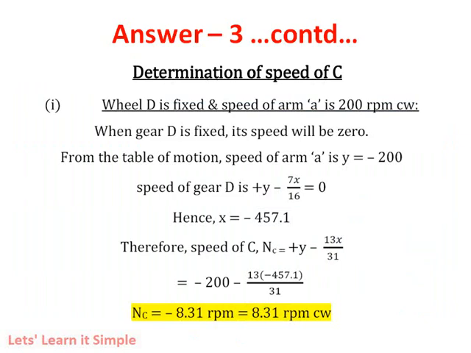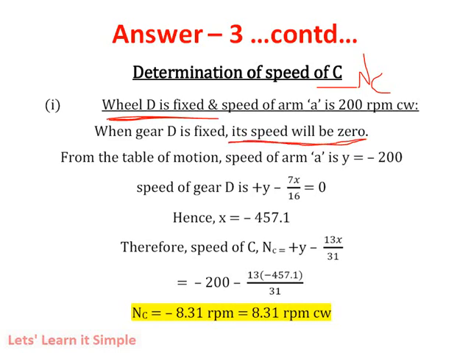Now the question is, we need to find the speed of gear C. The first condition is that wheel D is fixed. What is the meaning of wheel D is fixed? If wheel D is fixed, its speed will be 0.